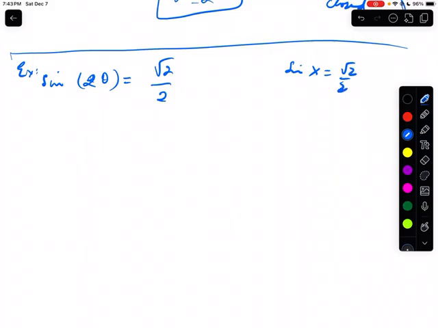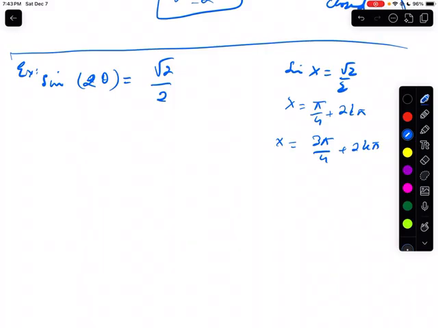So you will say x is equal to pi over 4 plus 2k pi, and then x is equal to 3 pi over 4 plus 2k pi. Okay. So these will be the general solution for that type of equation. Over here we have, instead of x, we have 2 theta. So what?